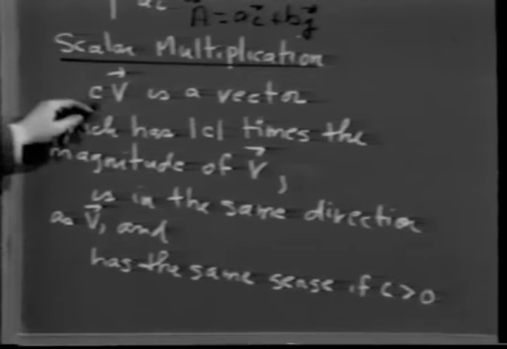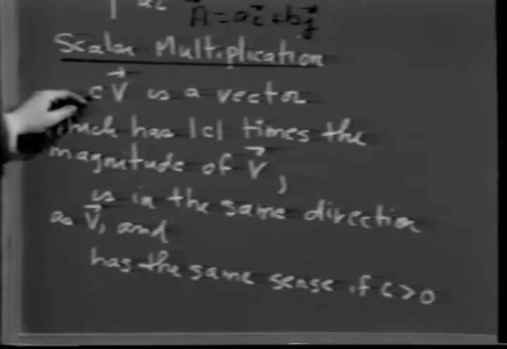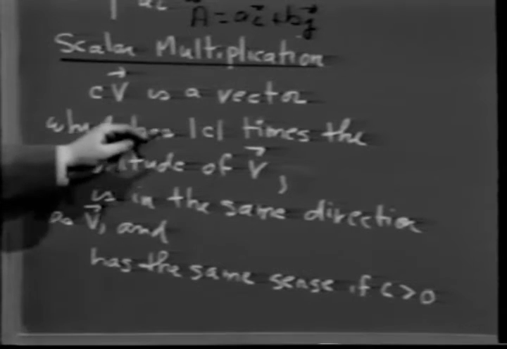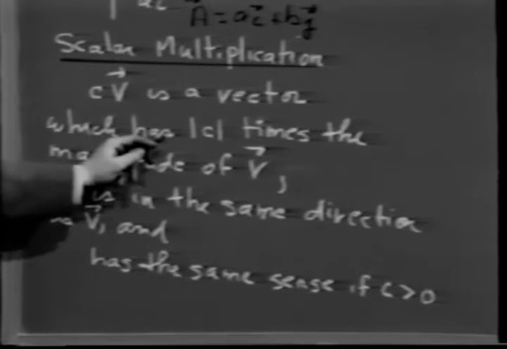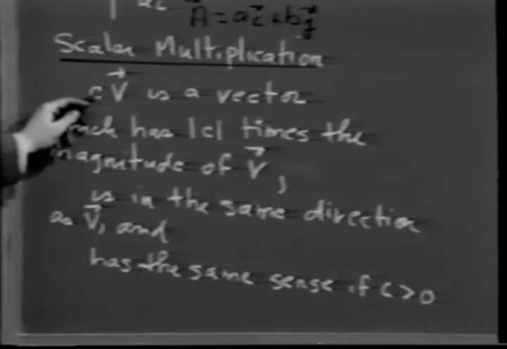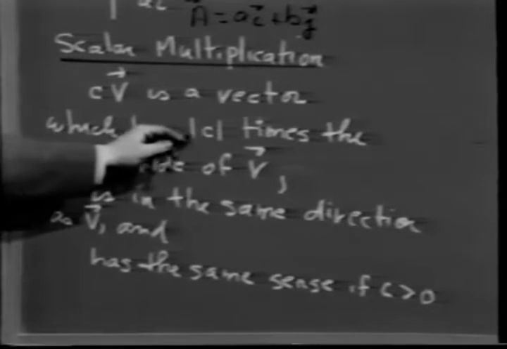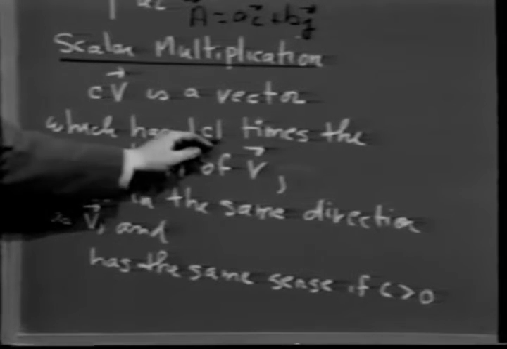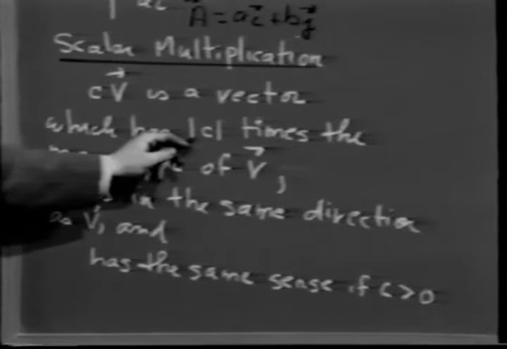If C is a number and V is a vector, by C times V, I mean a vector which has, I have to be careful here, C could be a negative number, and since you think of length as being positive, I take the absolute value of C just to get the magnitude of the number in here.